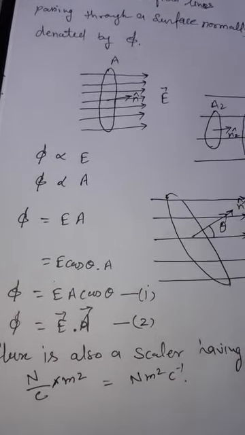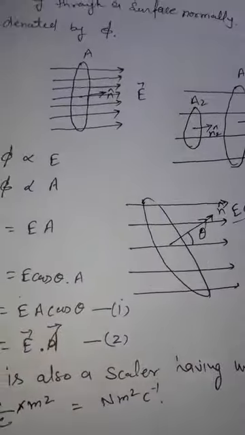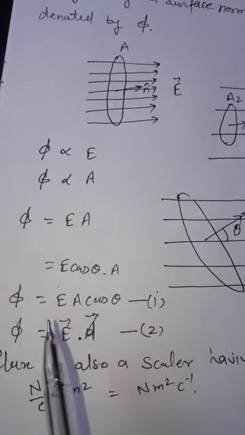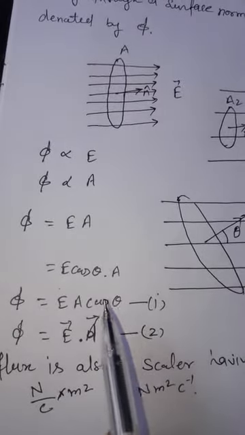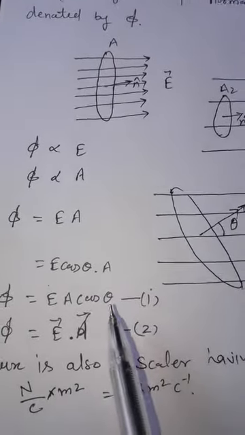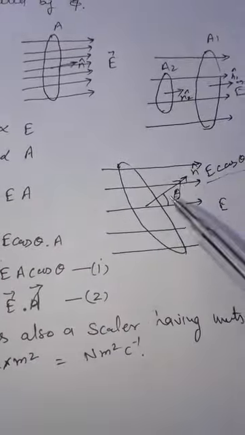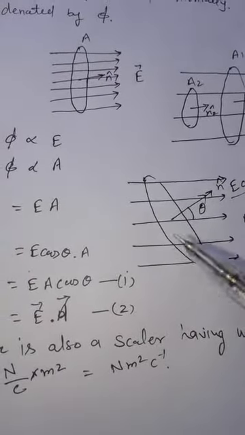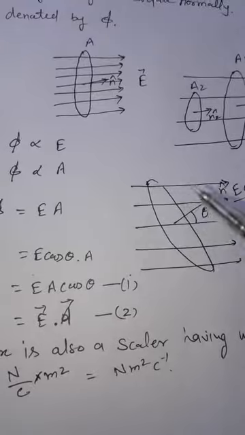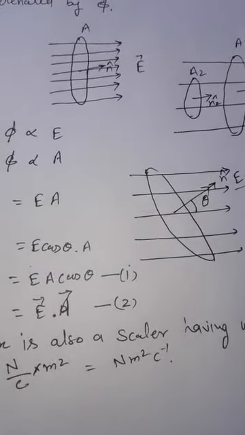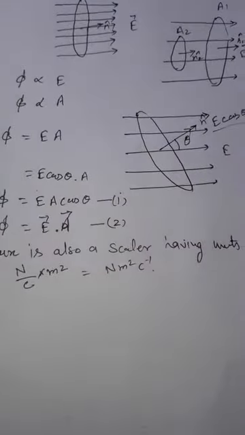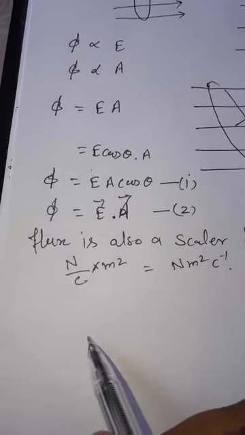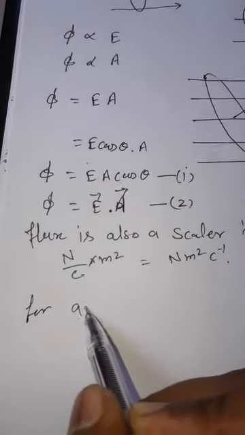Now, as it is clear from equation first, phi depends upon theta. But as we considered, these are plane surfaces, and each and every time the surface should not be plane. So we consider some arbitrary surface, that is like this.